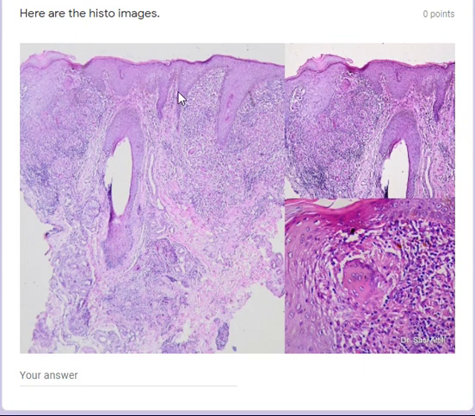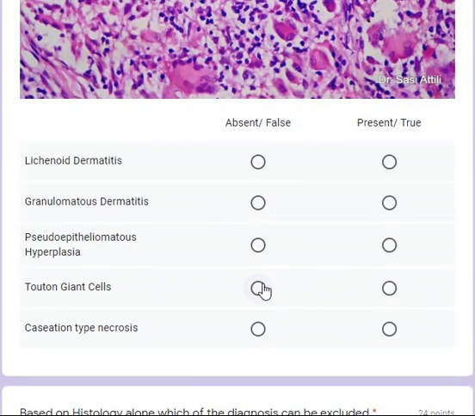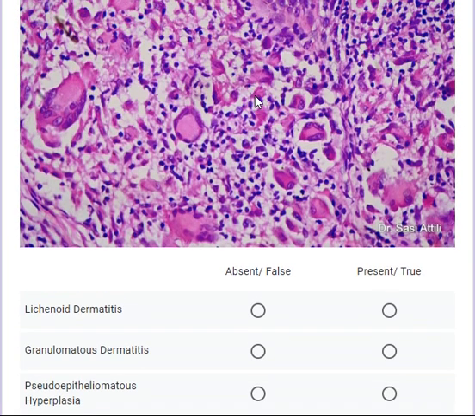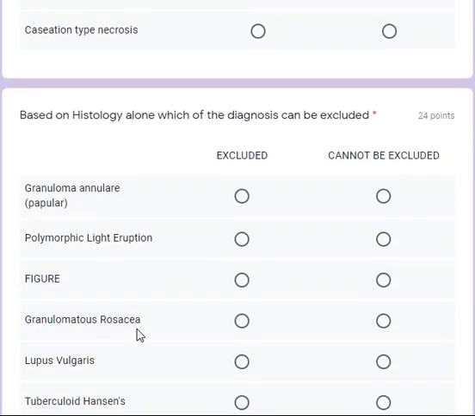Yes, there is some sawtoothing of rete ridges, typical in any lichenoid infiltrate, but there is no pseudoepitheliomatous hyperplasia. These cells are not two-tone type. These are Langhans type giant cells with some foreign body type giant cells as well, but no two-tone giant cells. And yes, there is caseous type necrosis.